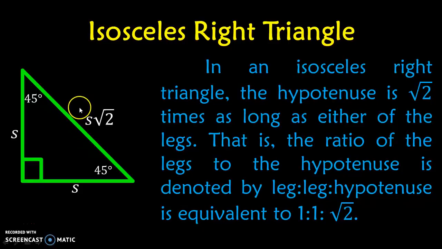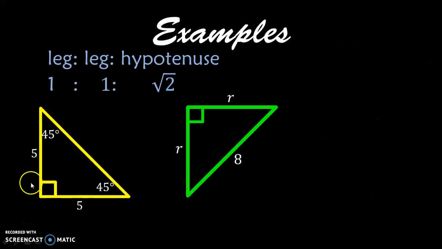So we can get the hypotenuse by just multiplying the leg by the square root of 2. Example, the leg measures 5. So therefore, the hypotenuse is 5 square root of 2. How about this one?